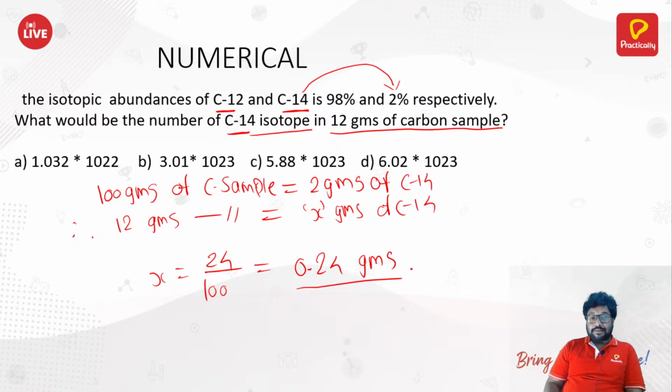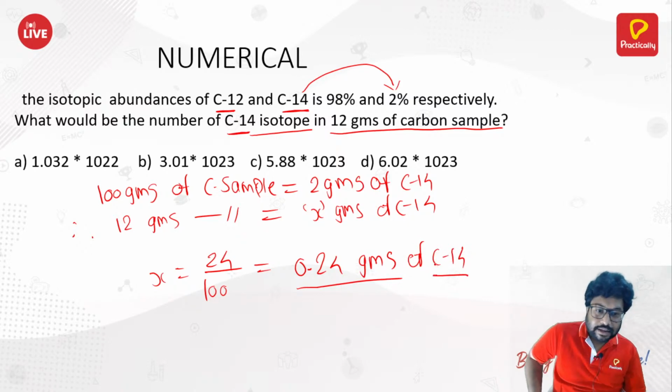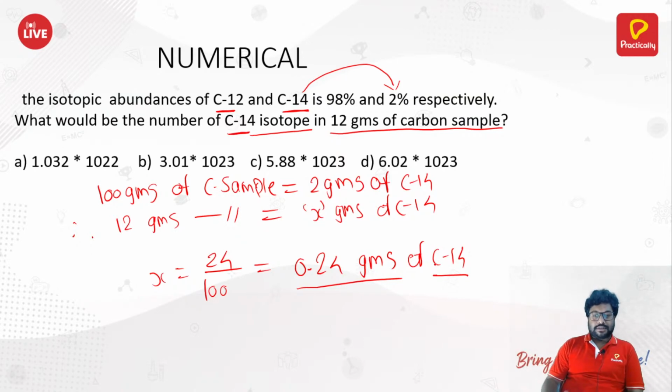0.24 grams of C14. So they are asking what would be the number of it, right? Then how can we do this? 100 grams will have 2 grams, 12 grams will have 0.24 grams.